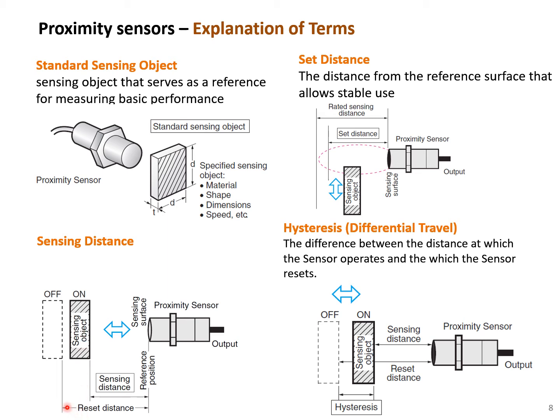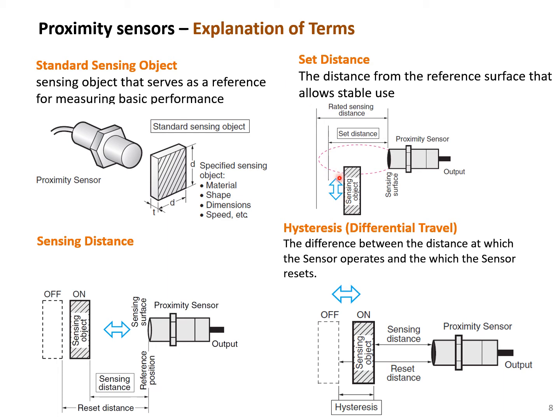And if we go further than the sensing distance, the sensor goes from on to off. Set distance is the distance from the reference surface that allows stable use.